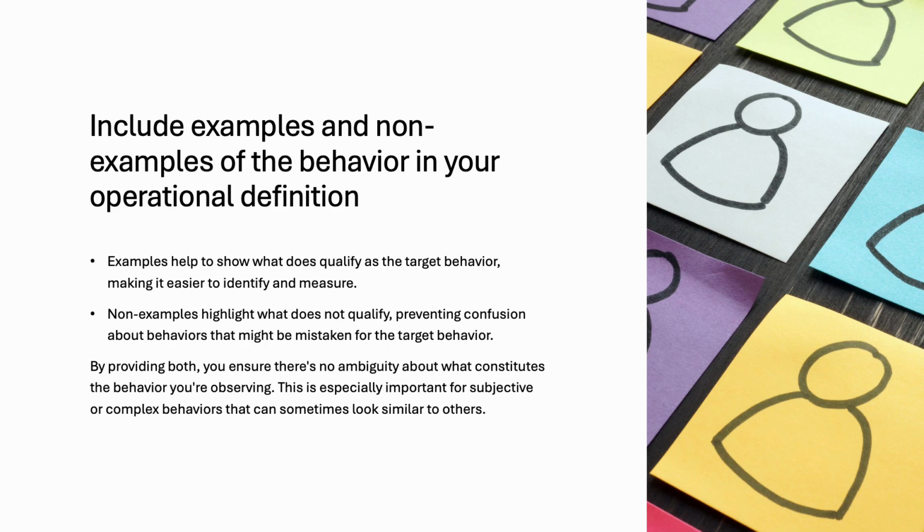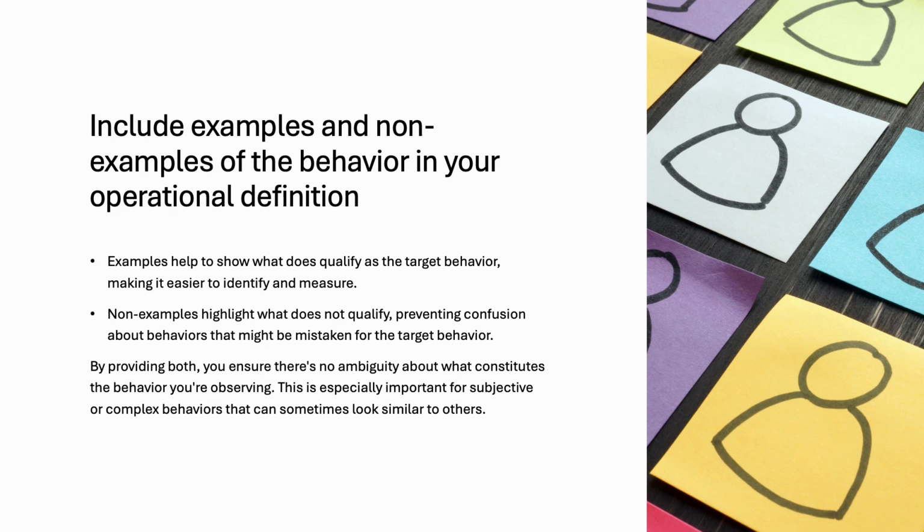So let's say, for example, that you have a client that participates in karate and they engage in hitting within that appropriate context. We wouldn't count that as aggression because it's not considered a form of problem behavior in that particular context. And so when you are defining your behavior, you want to make sure that you are explicit about your examples and your non-examples.